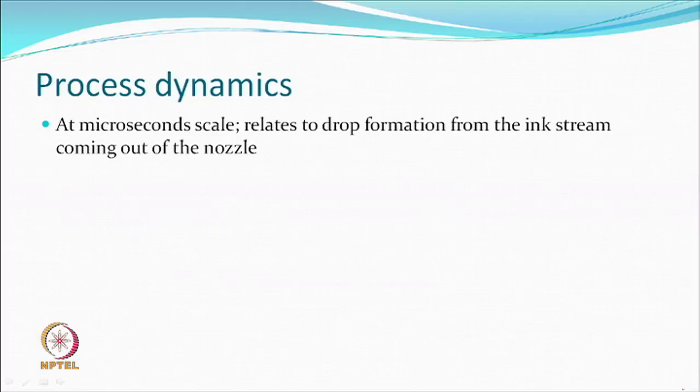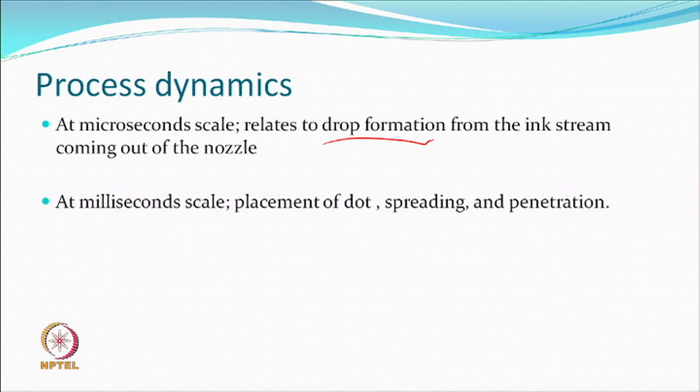So, a few things can happen at a microsecond scale, which means the drop formation itself and the stream which comes out of the nozzle. That means before you think, things are over. At the millisecond level, once the drop forms a dot on the fabric surface, the spreading and penetration is also quite fast and rapid, as long as your fabric has been prepared very well.